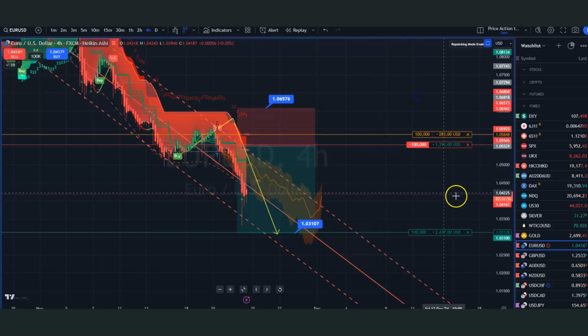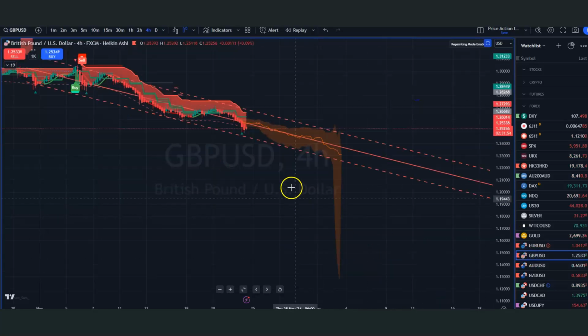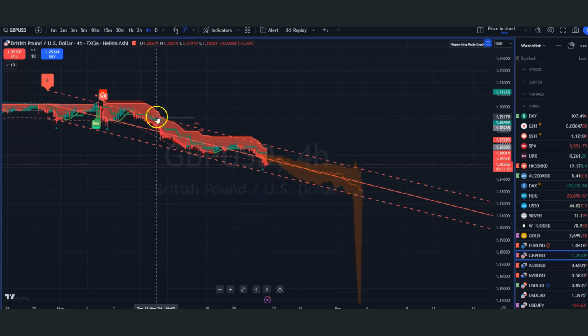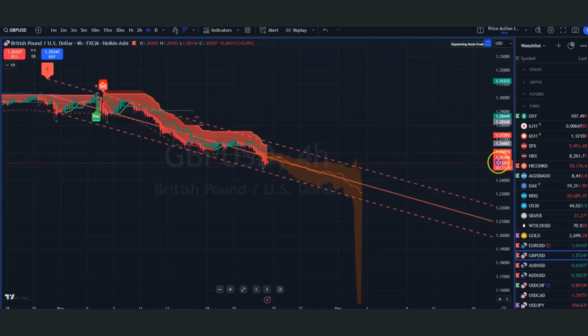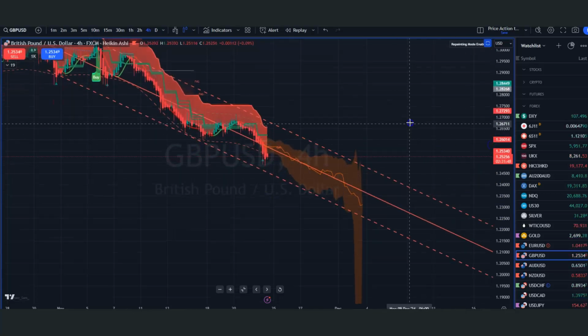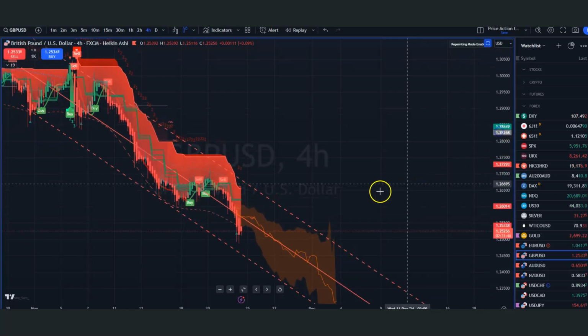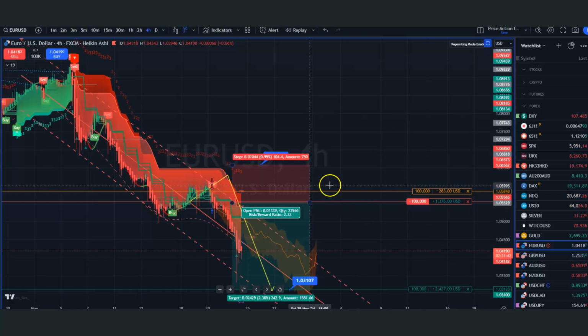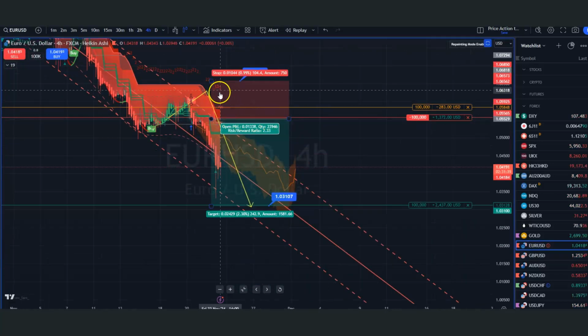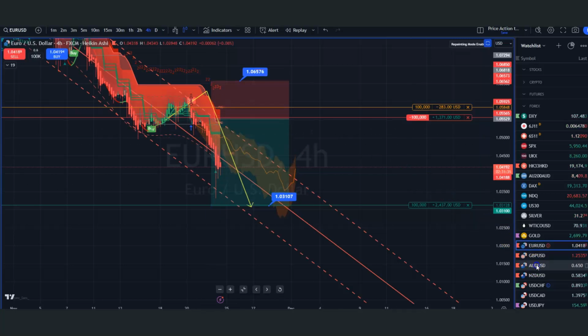So in this instance, pound USD is in a continuation downtrend, as you can see, predicted to the downside, but it is in a level 2, which is less powerful than a level 3, which is the euro dollar. So high quality trades make the most money.